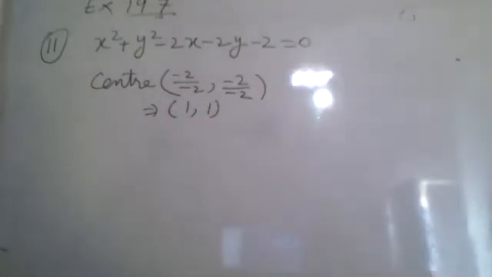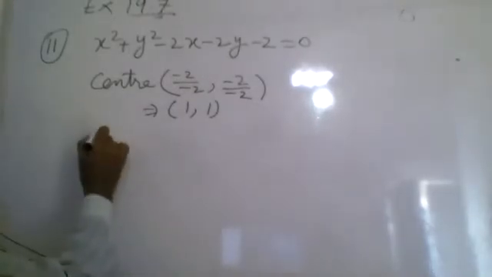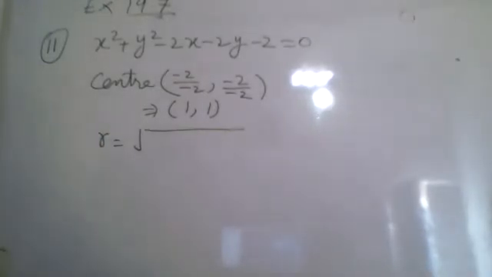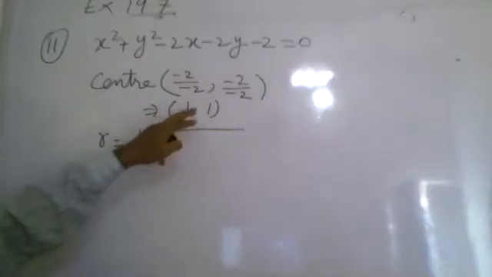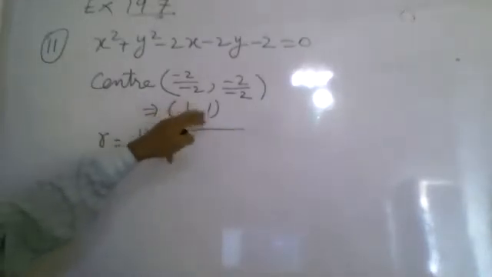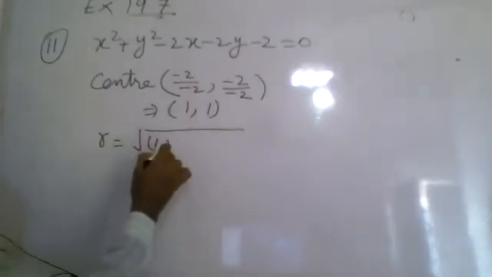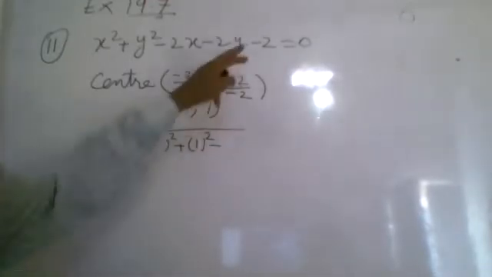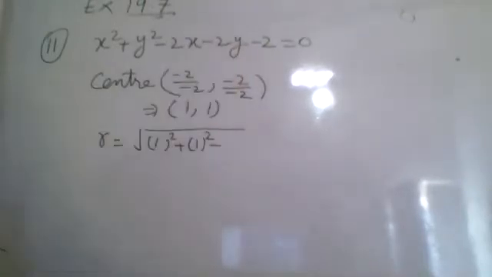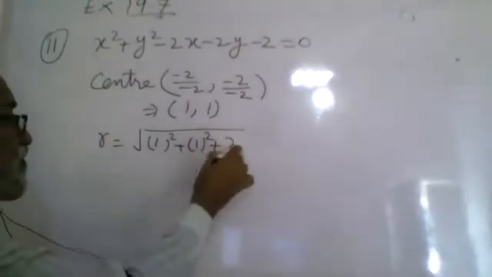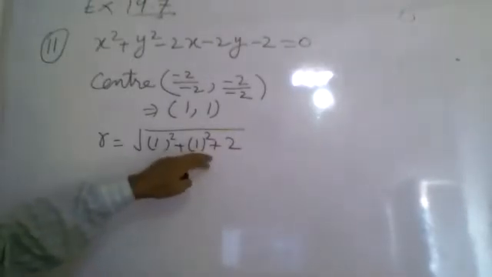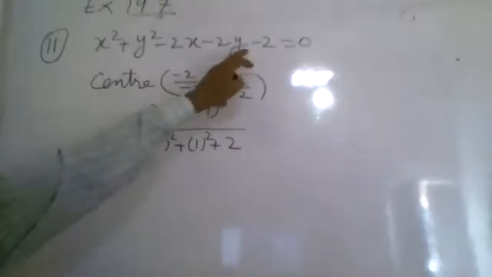This is the center. Now we will find the radius. Radius is equal to the square root of the square of the x and y coordinates of the center, 1 square plus 1 square, minus c. This c is -2, so minus c will become +2.